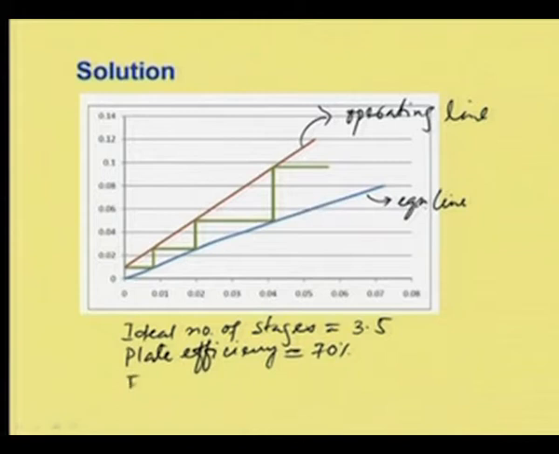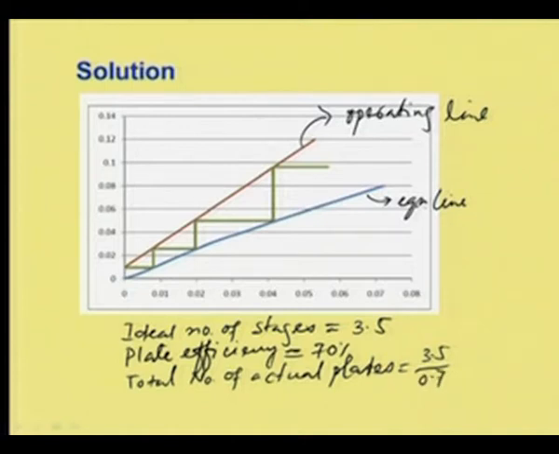So the total number of actual plates would be 3.5 divided by 0.7, which is 5. 5 stages are required.